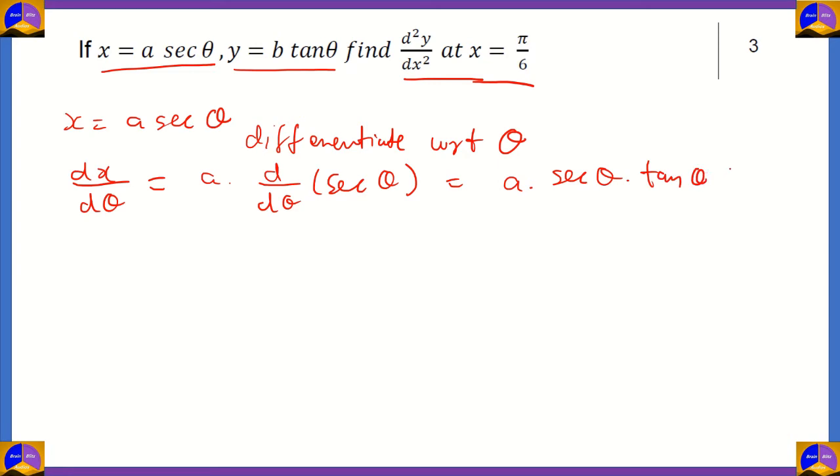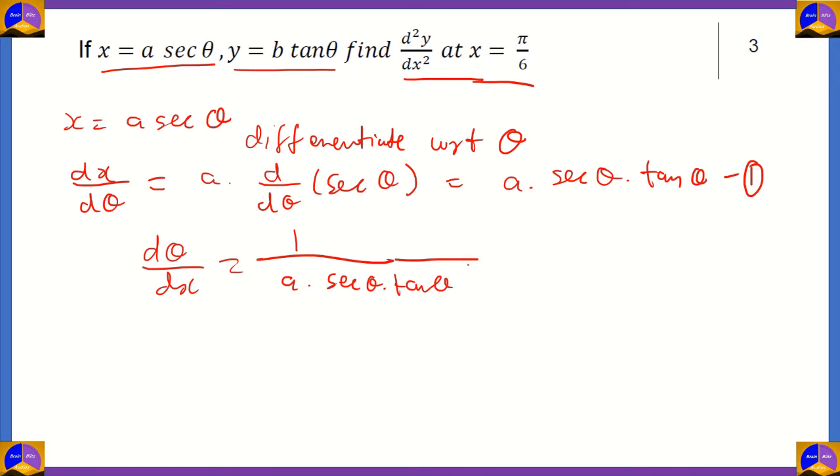Let's consider this as equation 1, and we'll also write d theta by dx is equal to 1 by a sec theta tan theta. I'll get back to that as we go along.